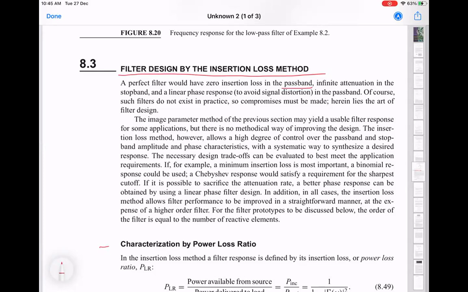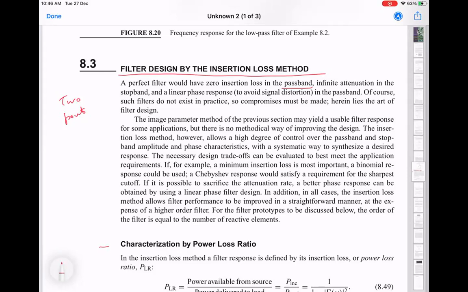Okay? Typically, your filter is a two-port device, with an input and an output. But because it's a passive circuit, the input and the output don't matter. You can go from output to input. It's a reciprocal circuit. Once you put it in, you have a two-port network which has some frequency-dependent transmission properties.